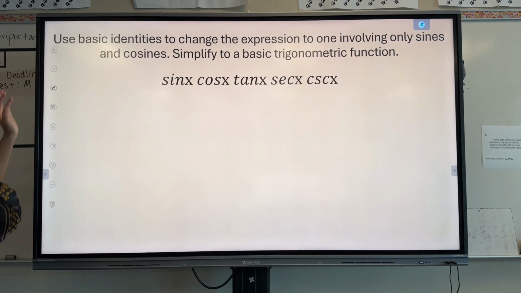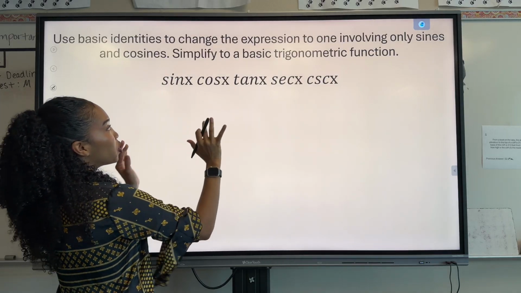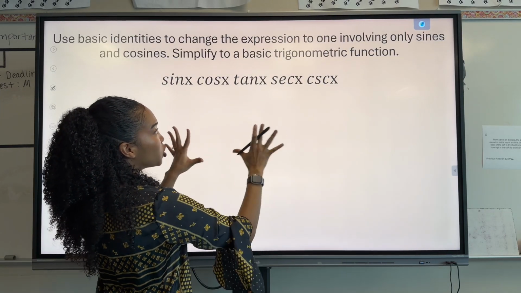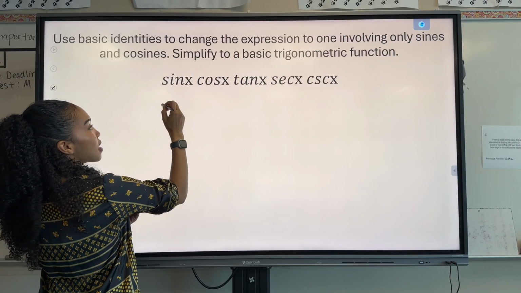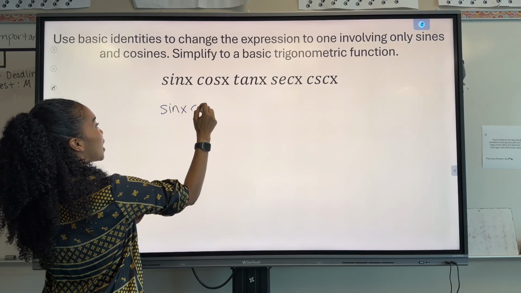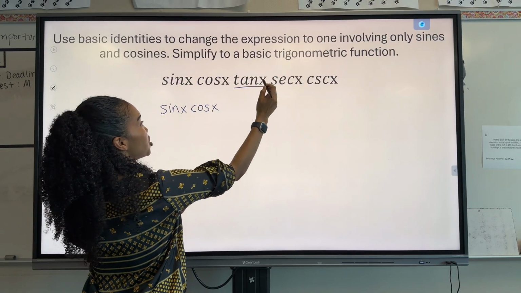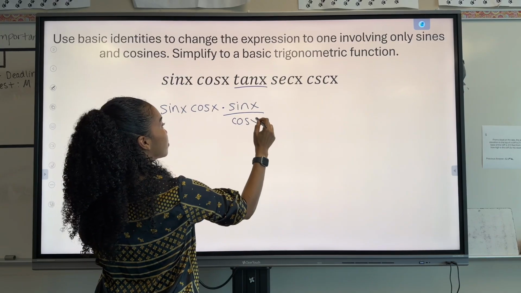Here is your next problem. Try it. So remember, when you're trying to simplify these trigonometric expressions, you want to turn everything into sines and cosines. So these two, they're fine. I'm going to just copy it down. Tangent can be written as sine over cosine.